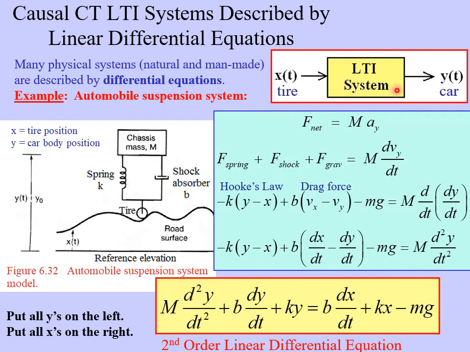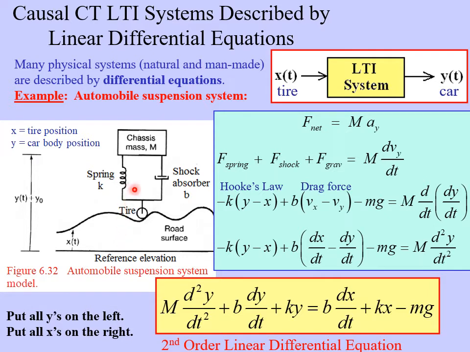So in this case, our system here, our automobile suspension system, or basically the car, is our system, and the input to this system is basically going to be the road, or that is the tire, how it goes over the road. And the output of this system is going to be how the car responds.